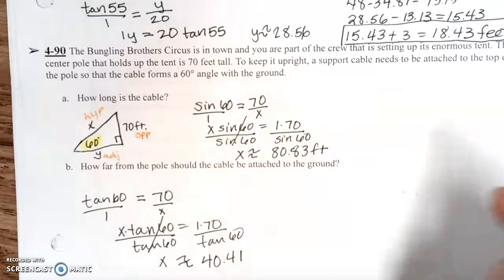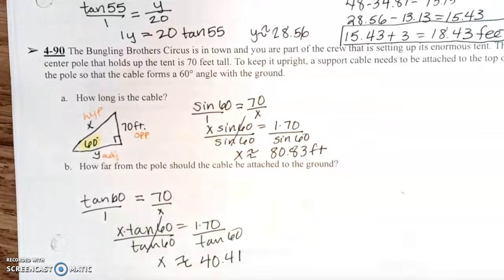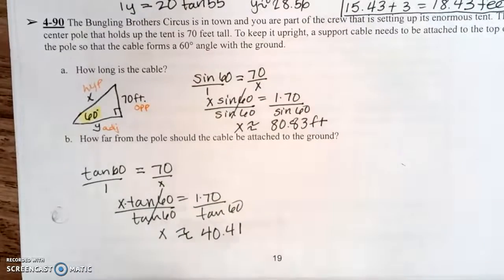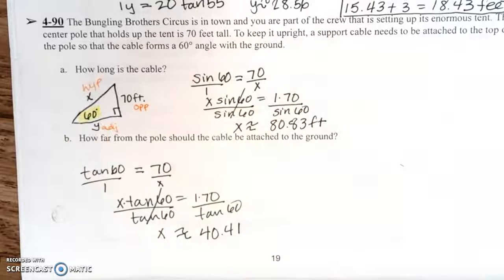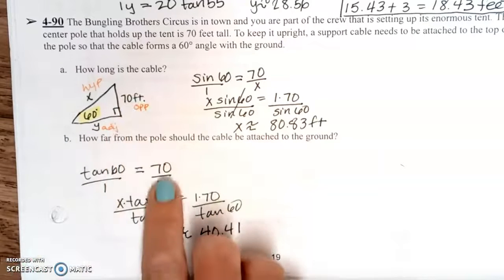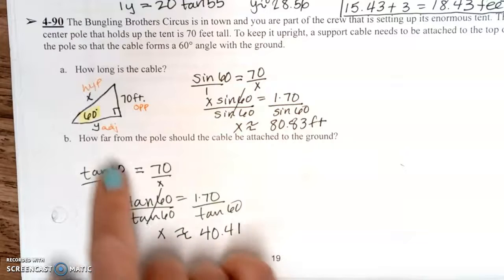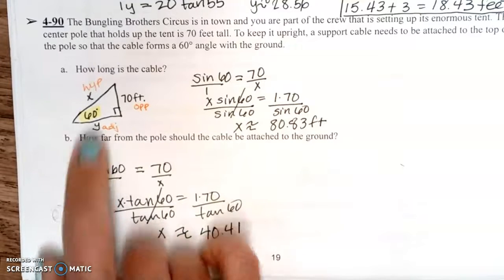Technically, we could use the hypotenuse now that we've solved for that, but I'm going to use the opposite and adjacent, which is tangent. So we're going to say the tangent of the 60-degree angle equals the opposite, which is 70, goes in the numerator, over the adjacent, the new side that we want to solve for, which is y.